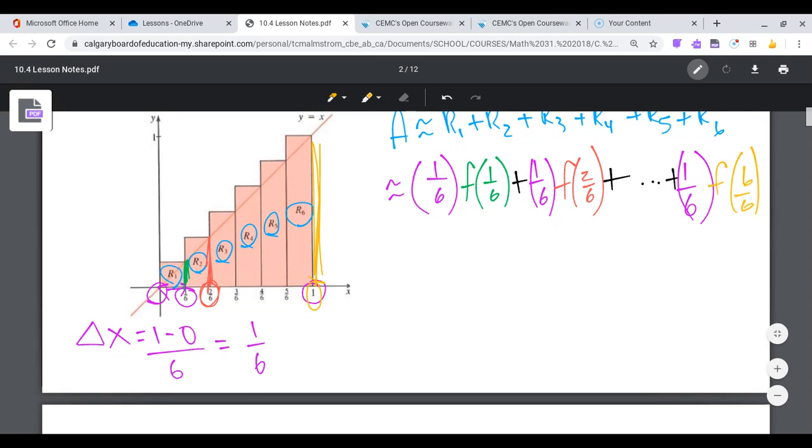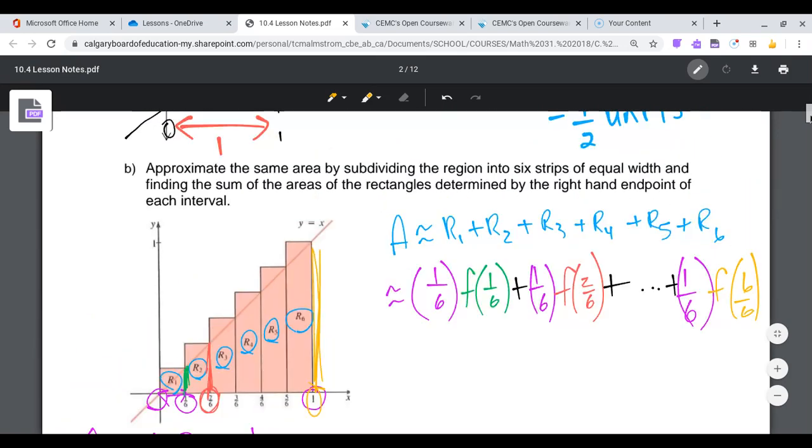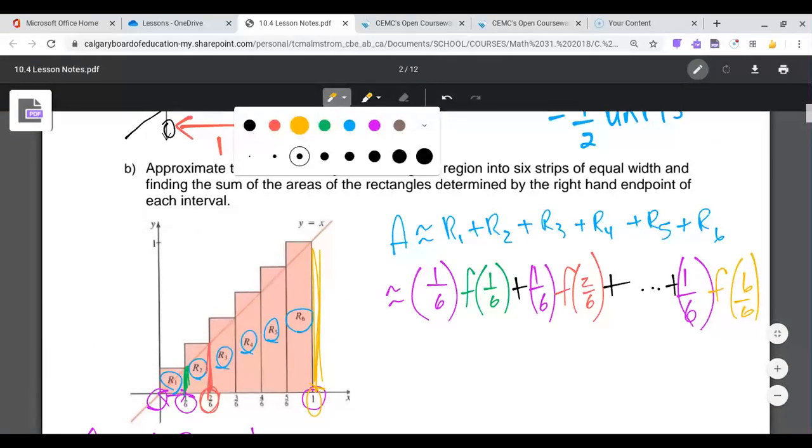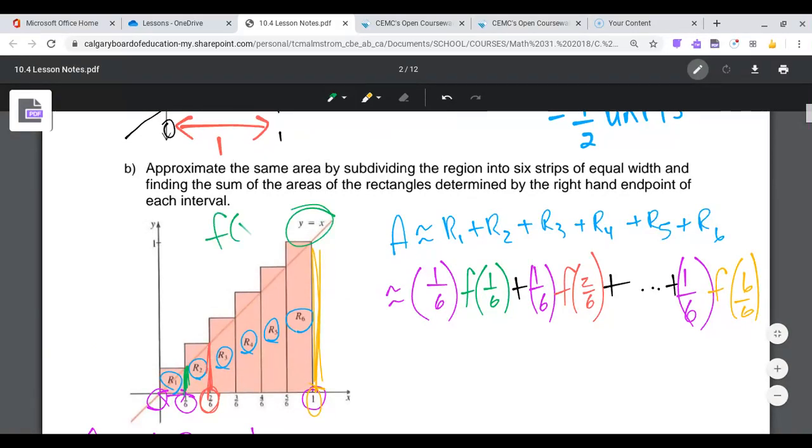Same idea. Now remember that f of x is my function. So f of x, this guy here, is equal to x. So f of 1/6 is just going to be simply 1/6.